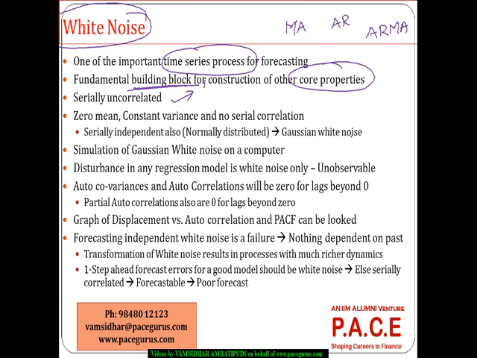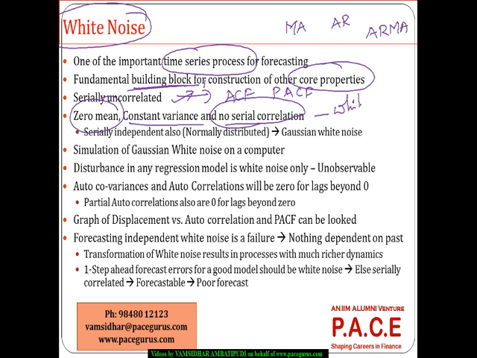In some data series, that serial uncorrelation may not be there, but wherever we see serially uncorrelated, which means when I am considering the ACF and PACF, as the lag is increasing, the value should go closer and closer to 0. So anything which has a zero mean, a constant variance at any point in time, where the variance should not be that different, and no serial correlation, we call that a white noise.